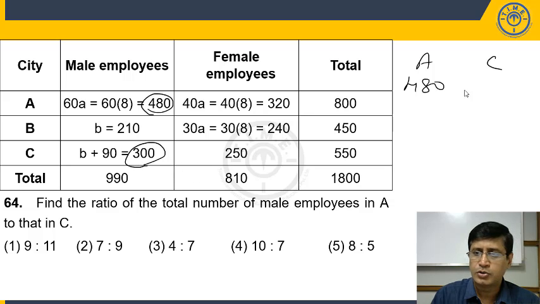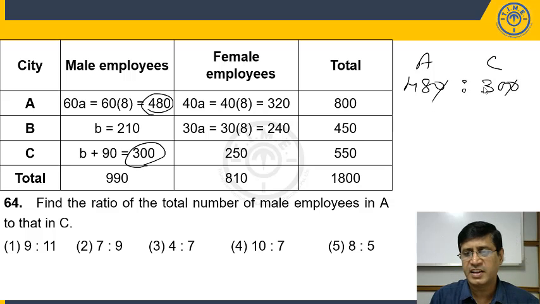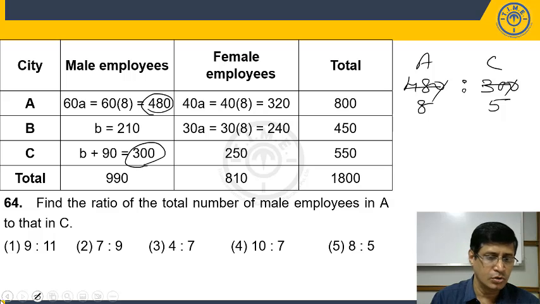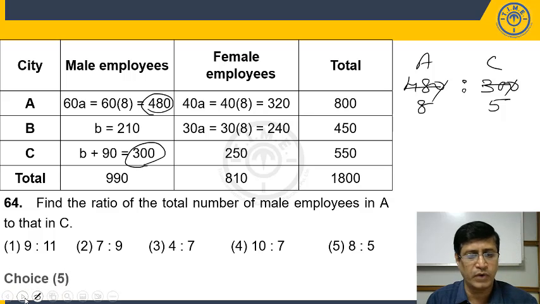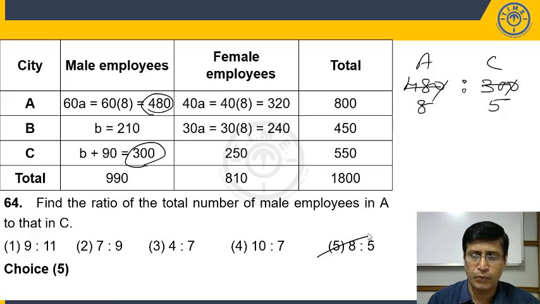So what is the ratio of 480 and 300? Simplify zeros. Dividing with 6, it goes 8 times and 5 times. So the ratio is 8:5. Option number 5, the fifth choice, is the right answer.